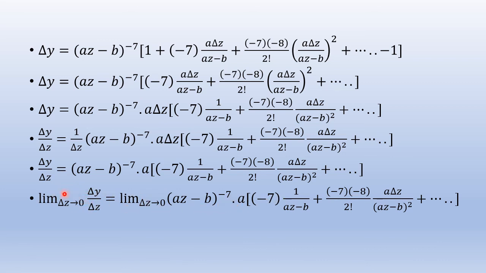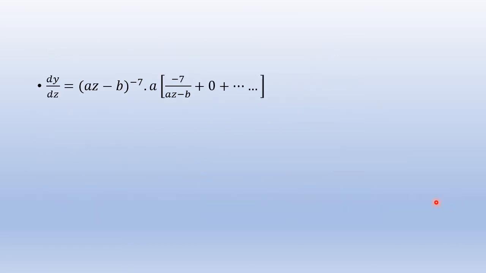So what will happen here? This will be dy by dz, and here there is no del z, so all these terms will remain the same, and here there is a del z, so this whole term will become 0. All the next terms have got del z in them, so all those terms will become 0. Here, this is the result.